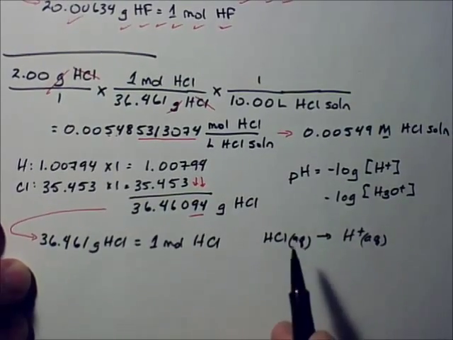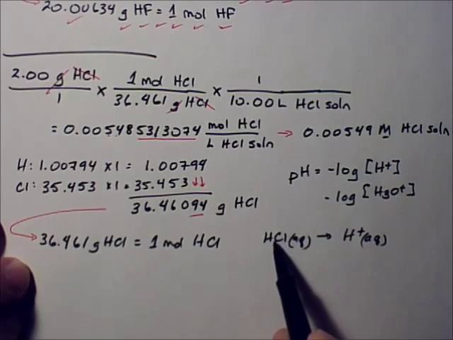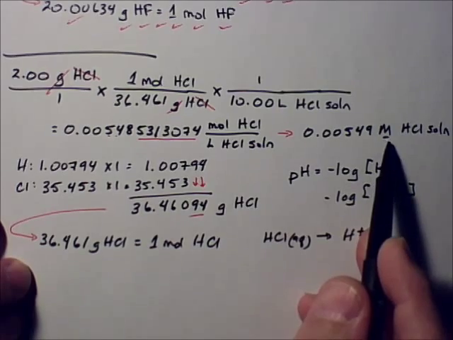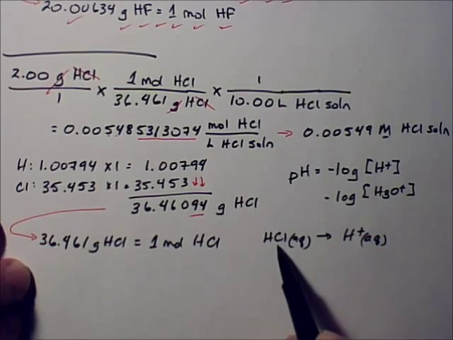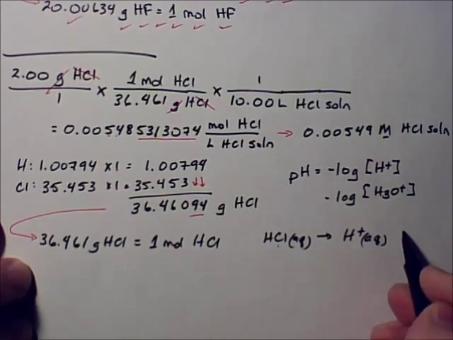Molar concentration is the number of particles in a solution. If I've got 0.00549 moles in a liter of this, and all that breaks up, then that's a 1-to-1 ratio, so I'm going to have 0.00549 moles of this in a liter of solution, and that's the molarity of this.